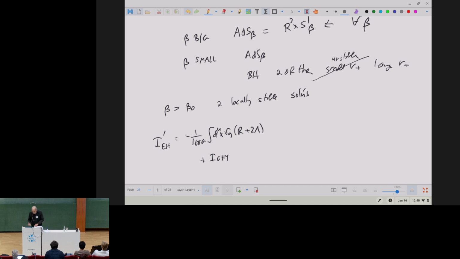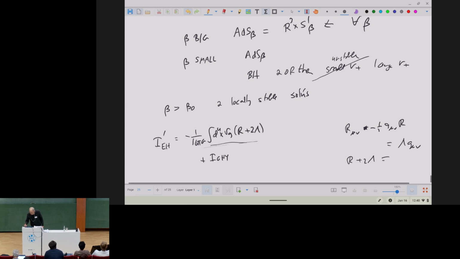So you actually now have a more simple calculation conceptually, but because the cosmological constant is not 0, it's not true that the bulk action doesn't contribute, as was the case before. For negative cosmological constant, R plus 2 lambda is not 0. It's a multiple of lambda.